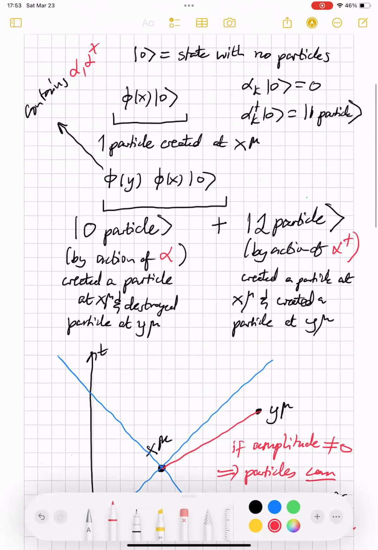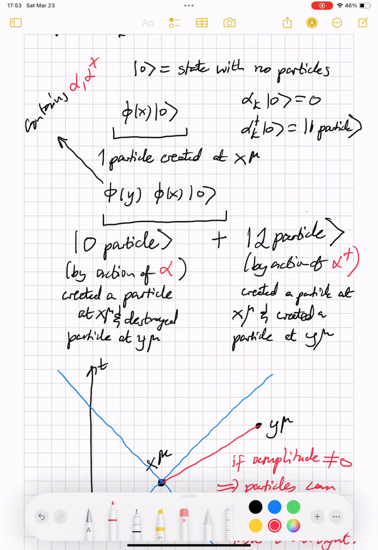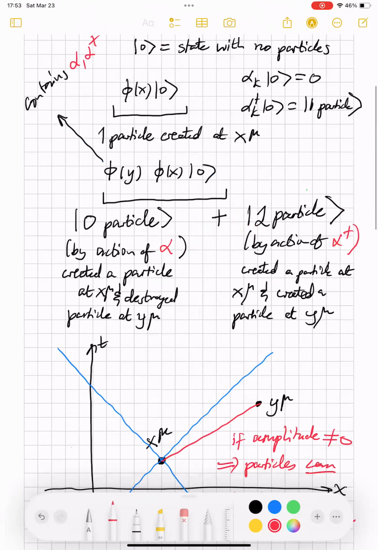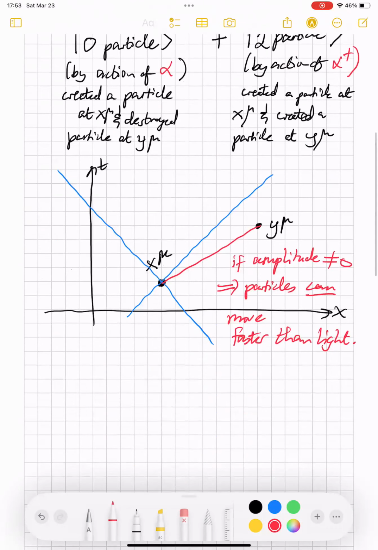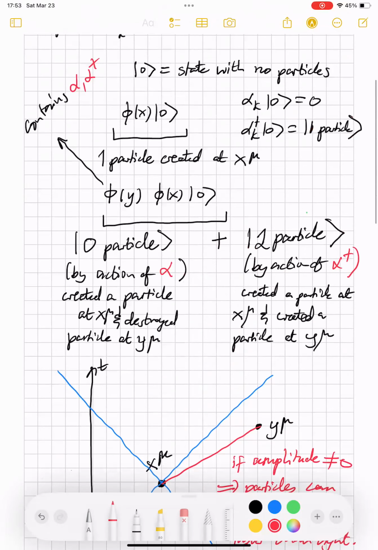And this is exactly the question we wanted to ask. So we see this no particle piece of the state, where we've created a particle at x^μ, destroyed a particle at y^μ. This is exactly what we need to answer our question, can the particle move faster than light? So we want to isolate this no particle piece. Well, the way to do that is if we compute the overlap with the bra ⟨0|, well, we know that the no particle state and the two particle state are orthogonal, so this will vanish.